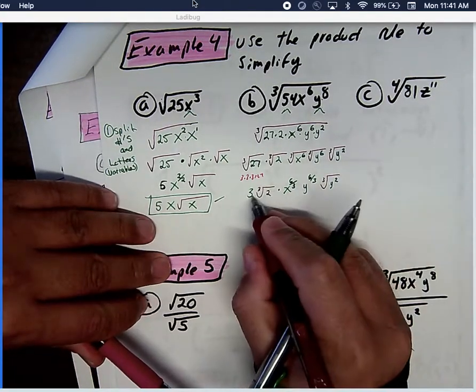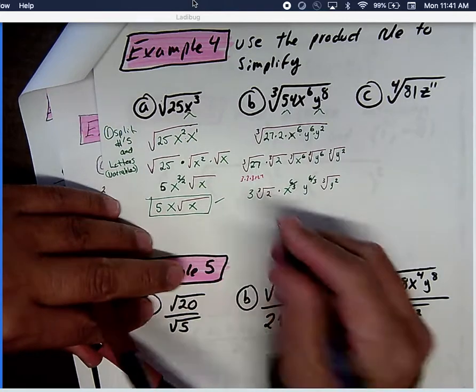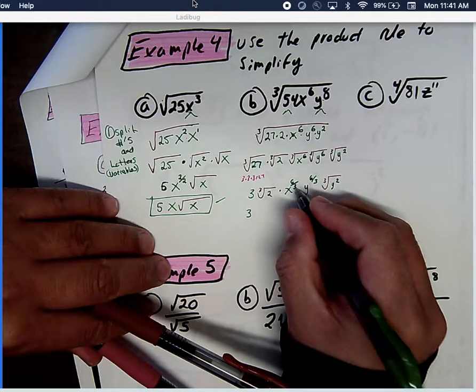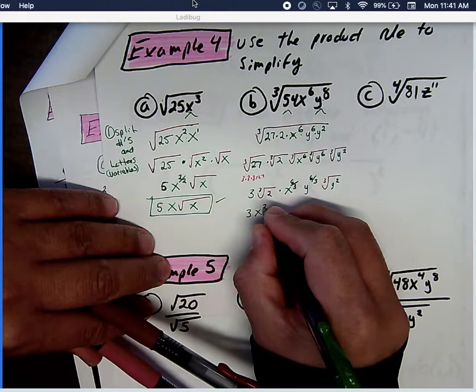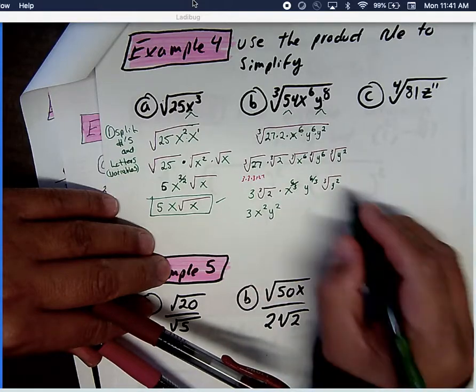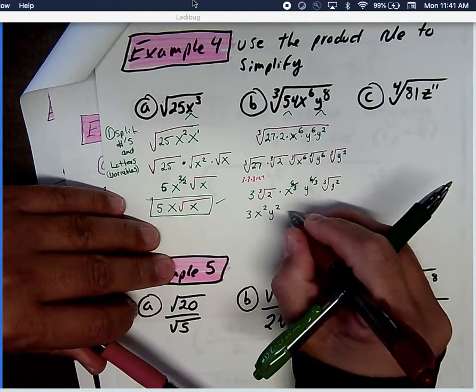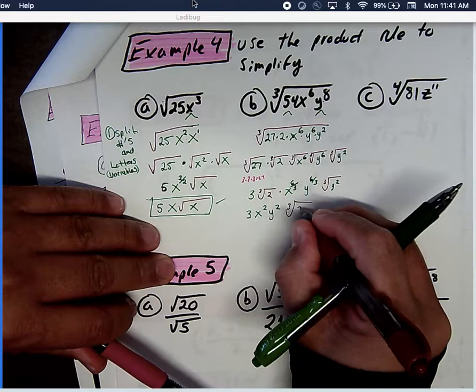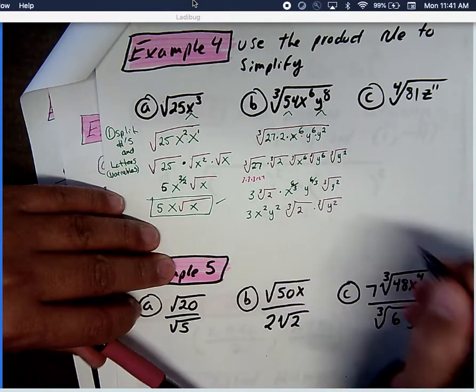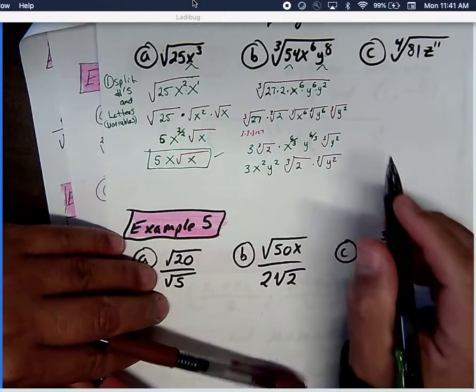So now let's simplify. So that one's already good. So 3, I'm gonna do this one, 6 over 3, so that would be x squared, and then this one, 6 over 3 would be y squared, and then you have these two things times, and I'm just doing a bunch of extra steps so that you see what happened.